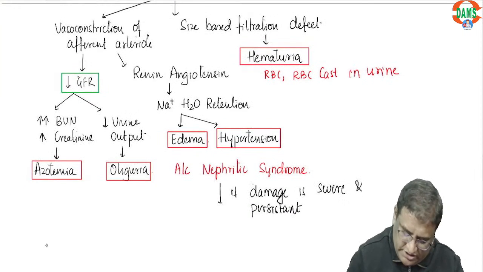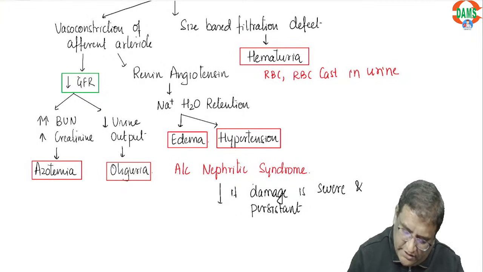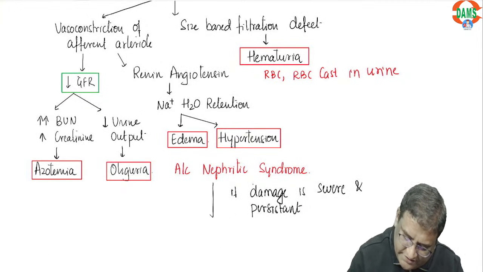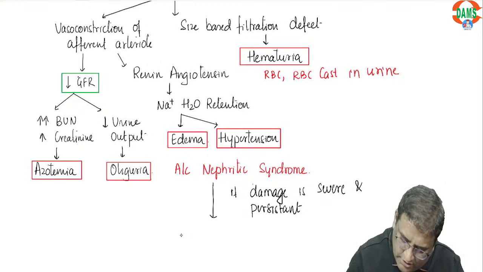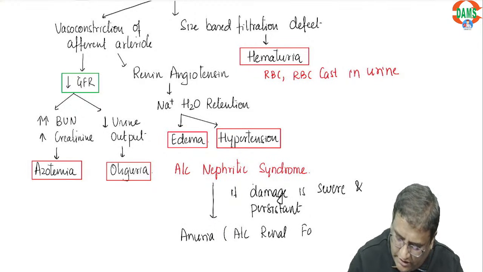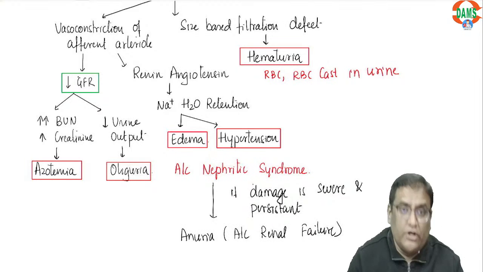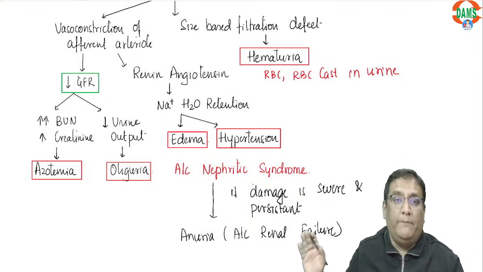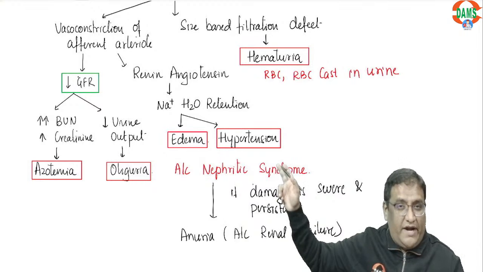If the vasoconstriction becomes very persistent, this will lead to anuria. This is nothing but acute renal failure. So acute renal failure is a complication of acute nephritic syndrome.